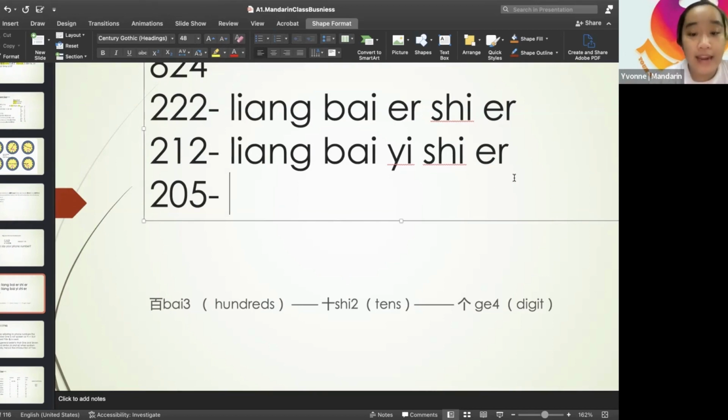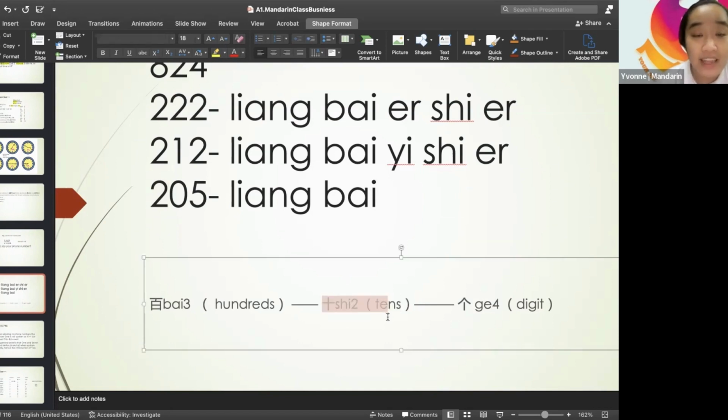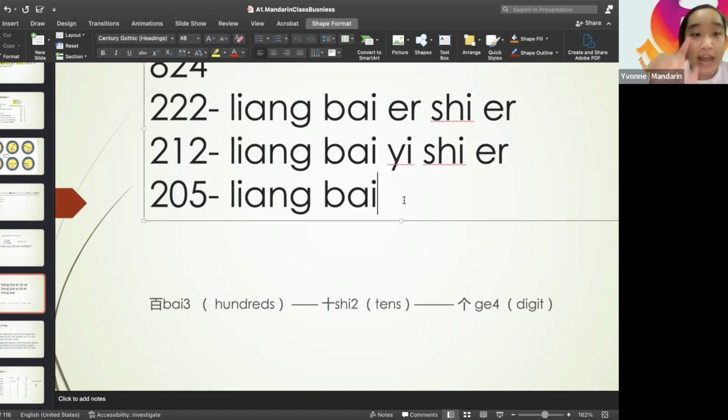We will start again with 200 because we have the base, it's still 200 here. What do we do here now? There's nothing in the tens, so we will just add 0. And then lastly, the number 5. 205. Voila.